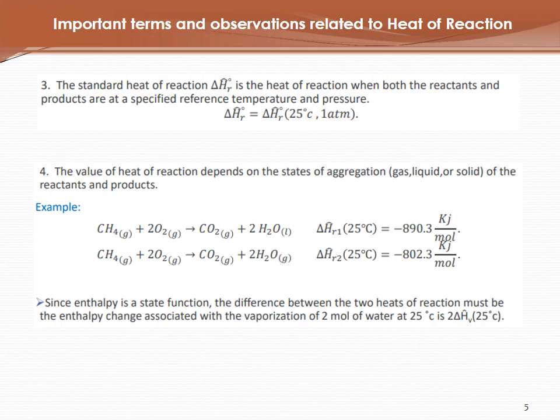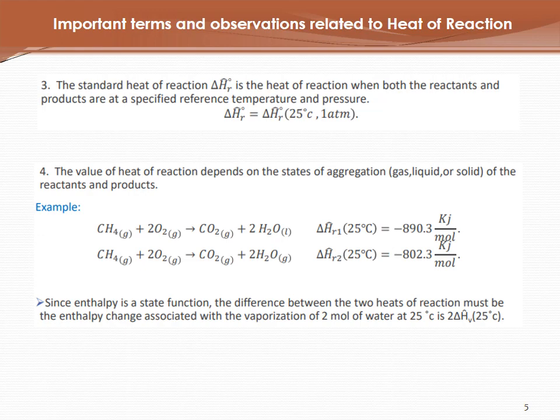The next thing I would like to talk about is that the value of the heat of reaction depends on the physical state of the species, whether they are gas, liquid, or solid. For example, in methane combustion here, we have 1 mole of methane burnt with oxygen, and you have carbon dioxide and water in the liquid state at 25 degrees Celsius.